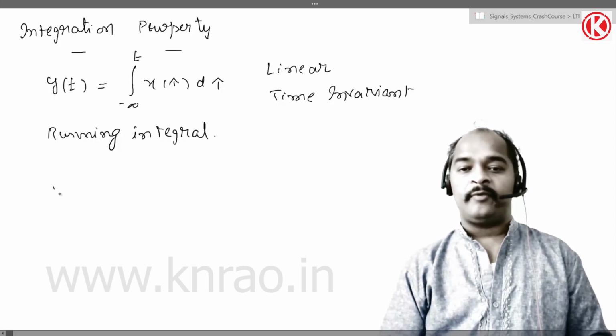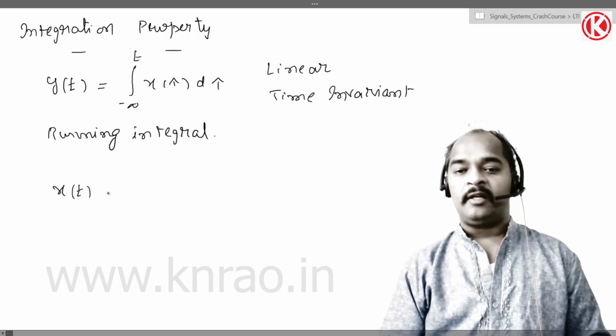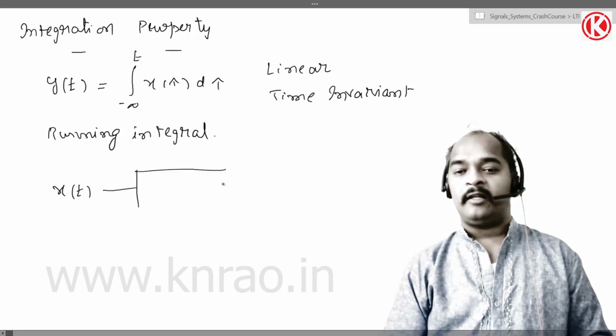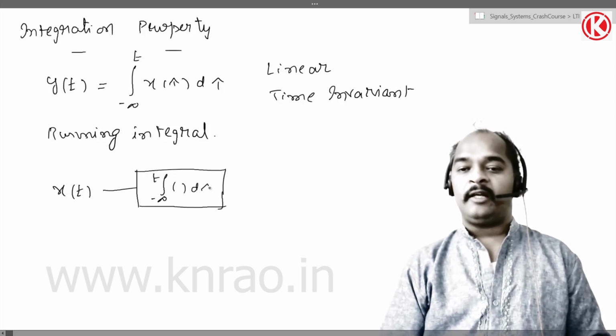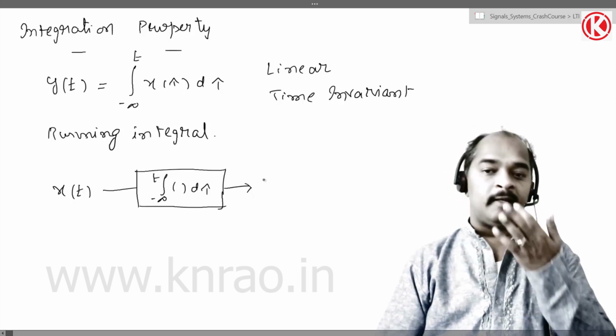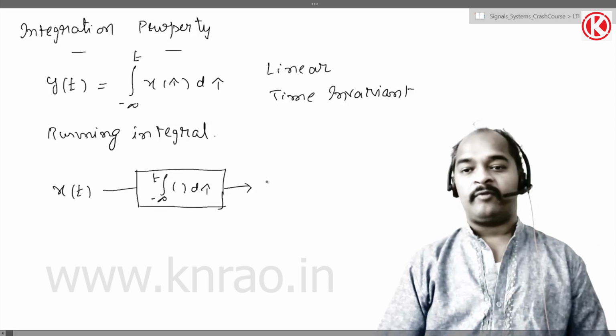If you draw the block diagram notation, you have x of t and then an integrator, which is given by the integral from minus infinity to t of d tau. So what does this system do? It will integrate whatever input is given.